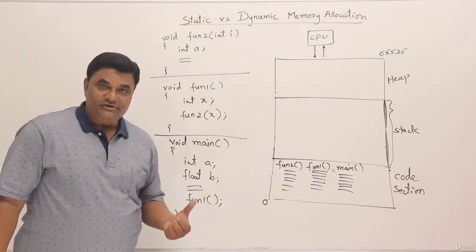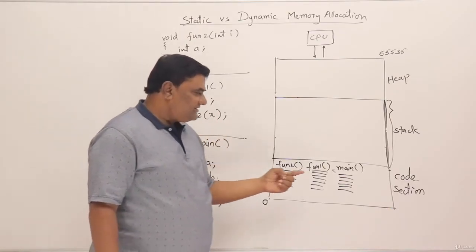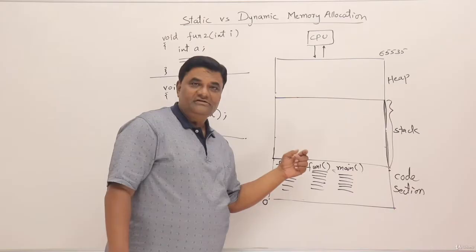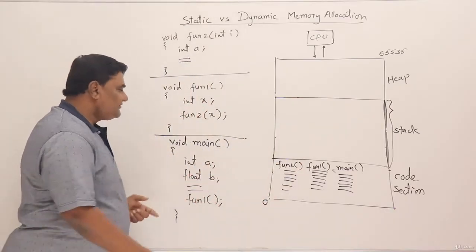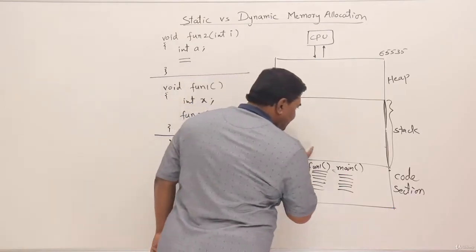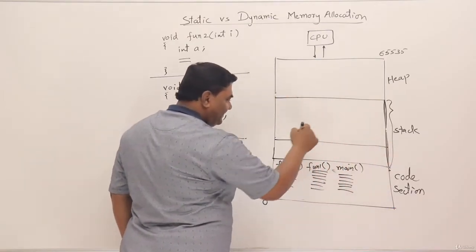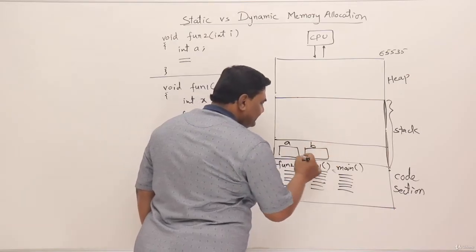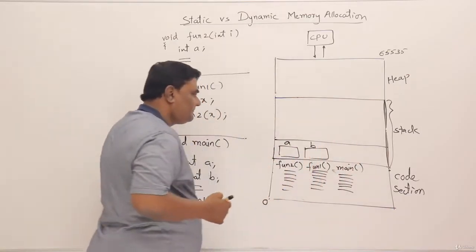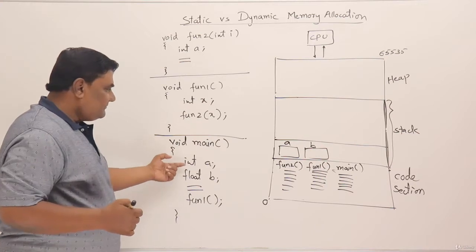Now let us start executing. When the program starts executing, it starts from the main function. The moment it enters main, it requires variables, so the memory for A and B will be allocated inside the stack section. I'm making it a single block; these are the two variables.